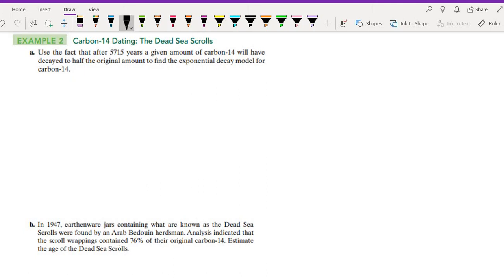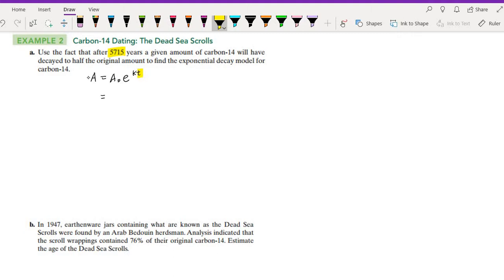In your head, you have to realize that in the end, the k I get must be negative because it's decreasing, it's decay. We're going to start writing down A equal to A sub 0 e to the kt power. A sub 0 is where we begin, and A is the amount in the end. Let's write down the ones we actually know. The certain years means I can replace this t with 5,715.